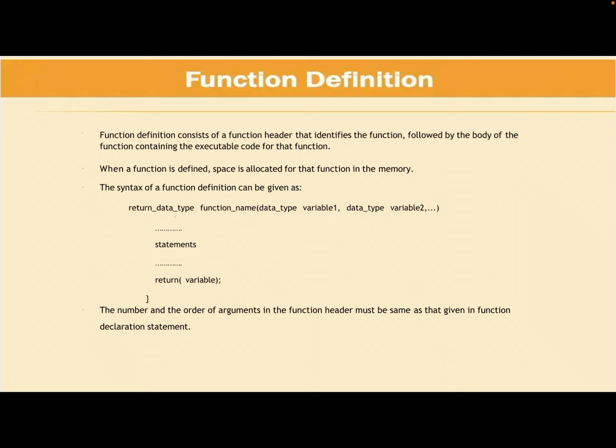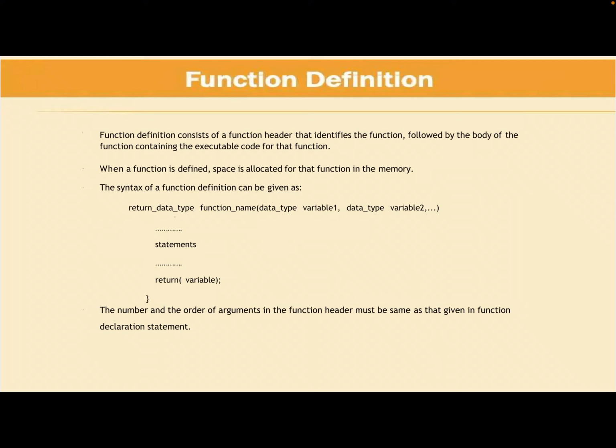First we give the return data type, followed by the function name, and the data type followed by variable 1 and variable 2, or multiple variables. Within curly brackets we give the statements of the function, and at the end we mention the value that we are supposed to return, or the return variable has to be mentioned.